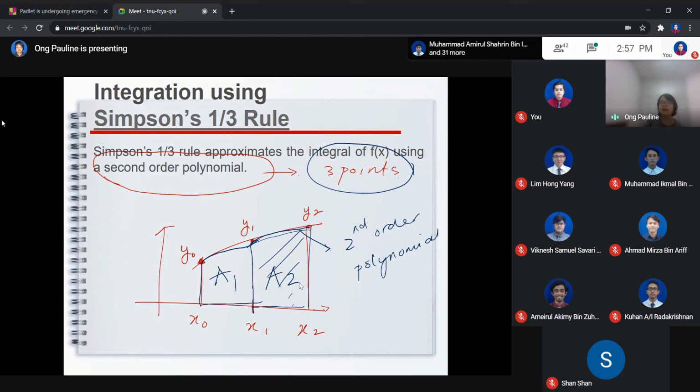So meaning that for the basic block of the Simpson's 1/3 rule, the number of divisions n that you can choose must be a multiple of 2. You need to have at least 2 blocks here. We will look at it later, but what it means is that n must be a multiple of 2.